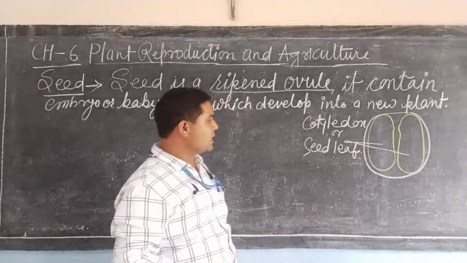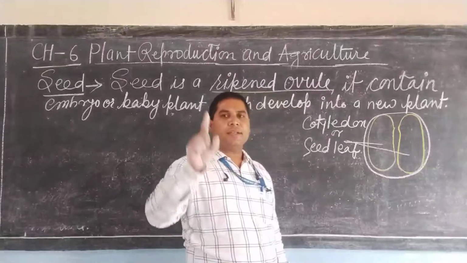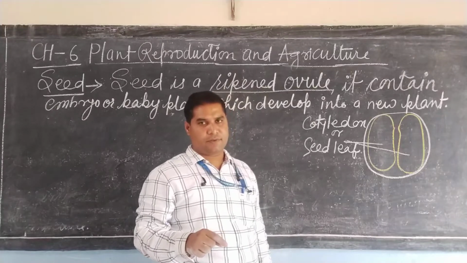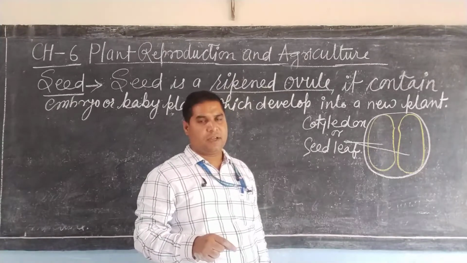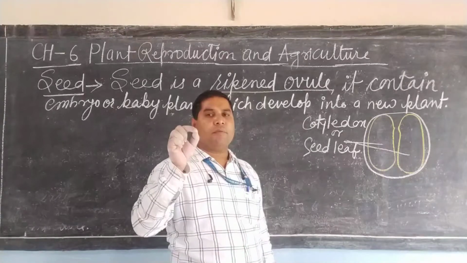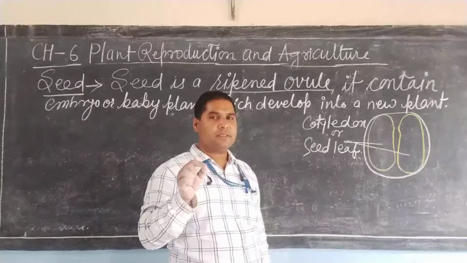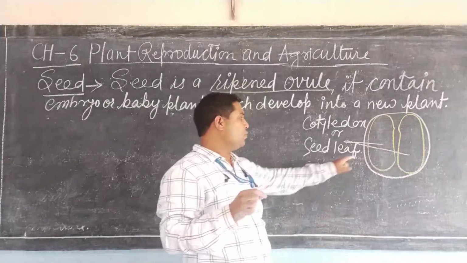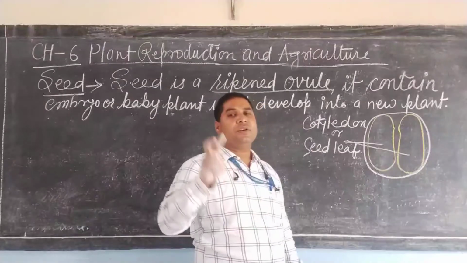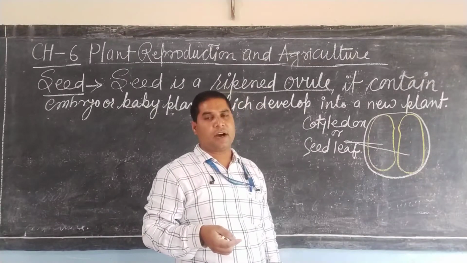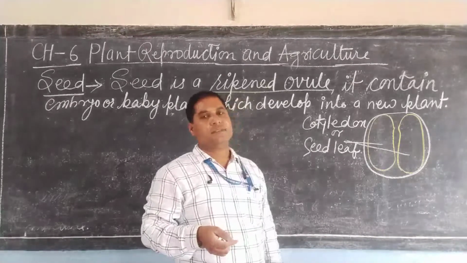So the seed which has a single seed leaf or single cotyledon is known as a monocotyledon plant or the monocotyledon seed, and which consists of two is the dicotyledon seed, dear students.